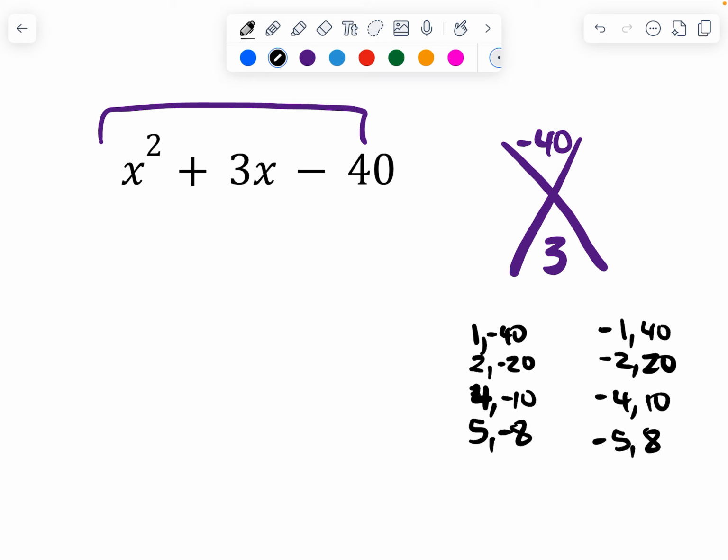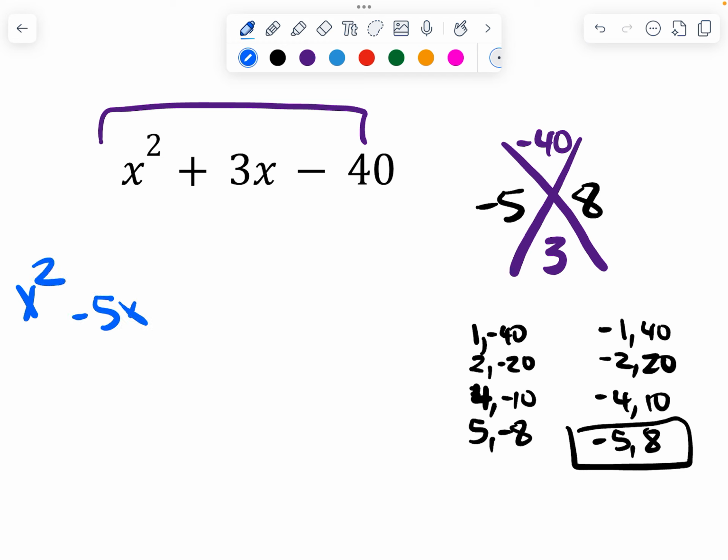Which one adds to get positive 3? This one. So negative 5 and 8. So I get x squared minus 5x plus 8x minus 40. Cut it right here. What do they have in common? They have in common an x.